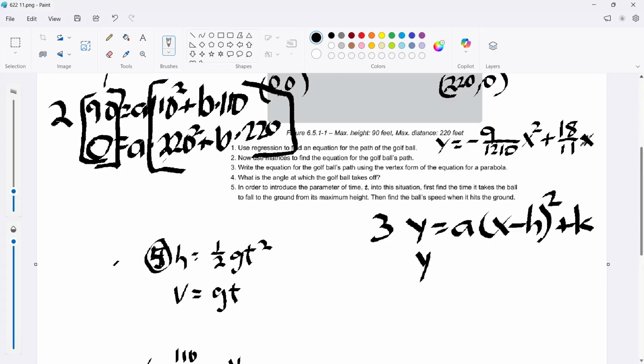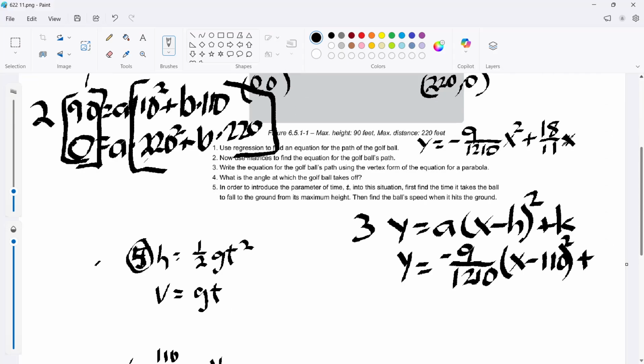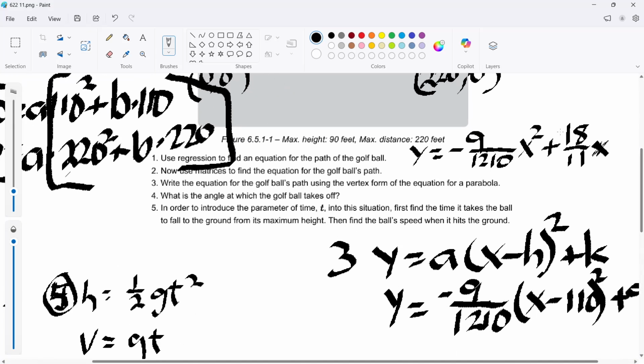So this is y equals negative 9 over 1210 times x minus 110 squared plus 90.